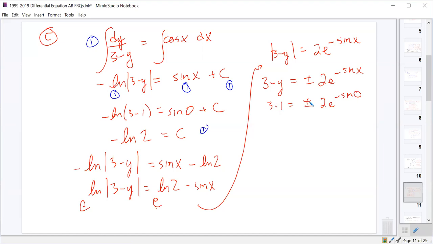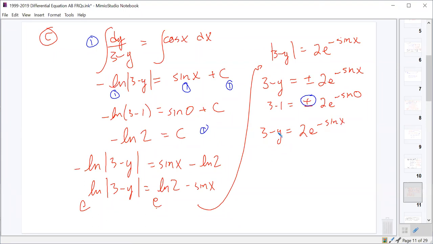This is 2 equals plus or minus 2e to the negative sine 0. Well, sine 0 is 0, opposite of 0 is still 0. E to 0 is 1. I get 2 equals positive or negative 2. Well, 2 equals positive 2, not negative 2. So we're going to choose the positive and write 3 minus y equals 2e to the negative sine x.